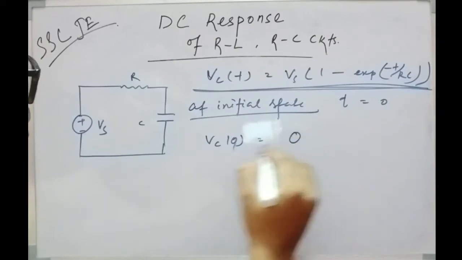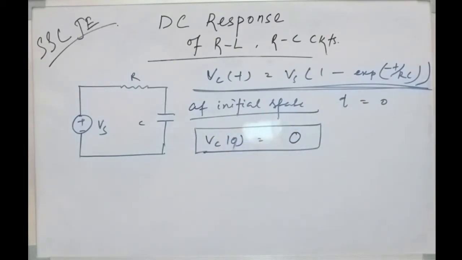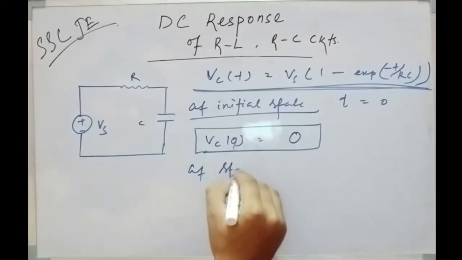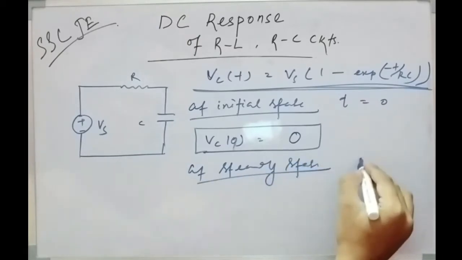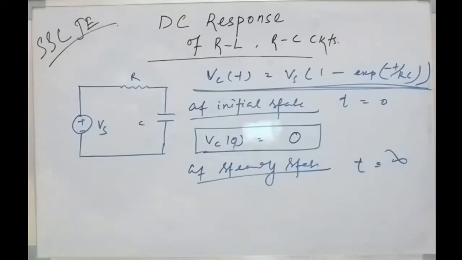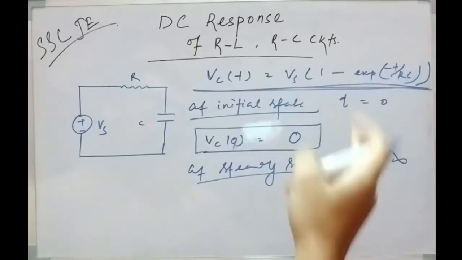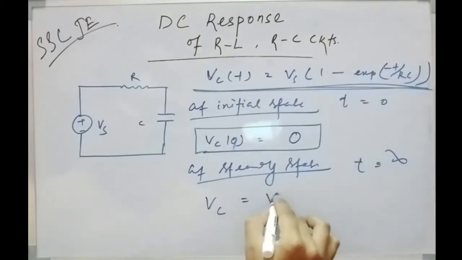So the response you get is 0. At steady state, that means t at infinity, exponential minus infinity is 1 by infinity, that is 0. So you get Vc equals Vs.